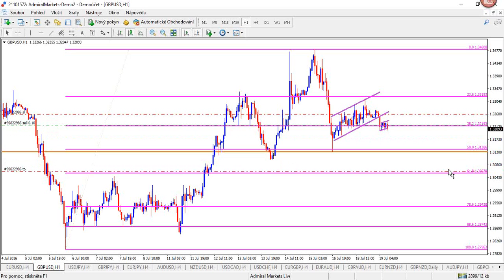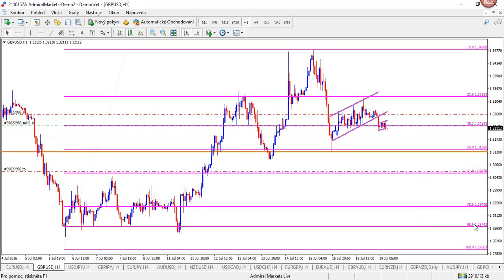We could aim lower. I could aim for the 78.6 fib. That's possible too, or even lower. But we just have to realize the lower we aim, the less likely our TP is going to be hit. So that's an equation that we have to make a decision on.